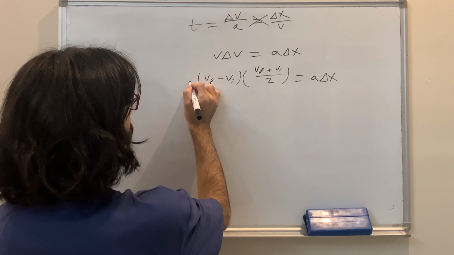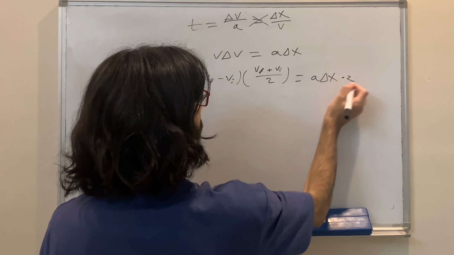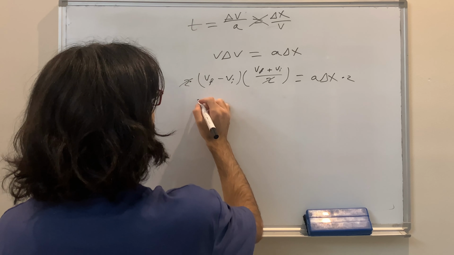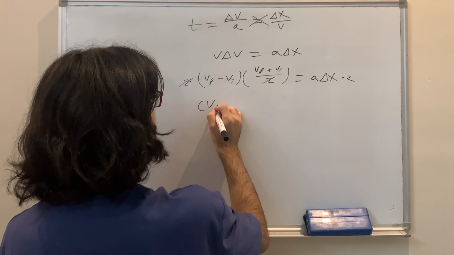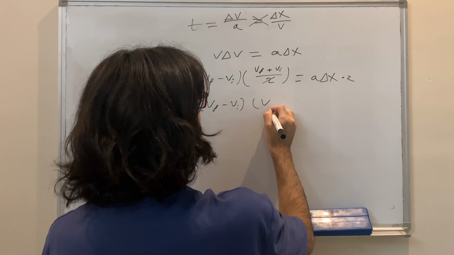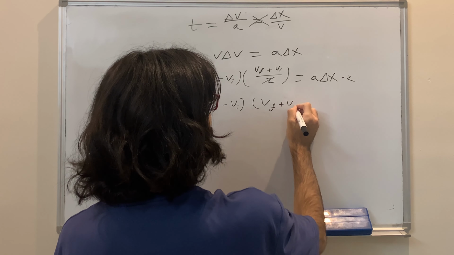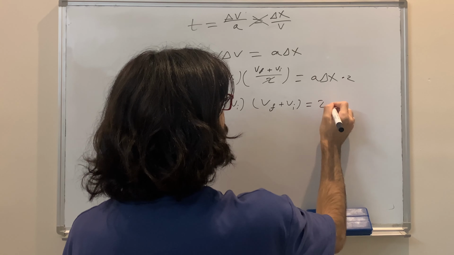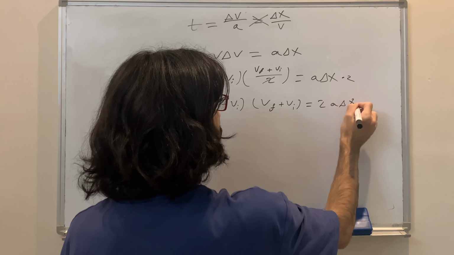Now you can multiply 2 on both sides and you can get rid of this, which is going to leave you with v final minus v initial times v final plus v initial equals 2a delta x.